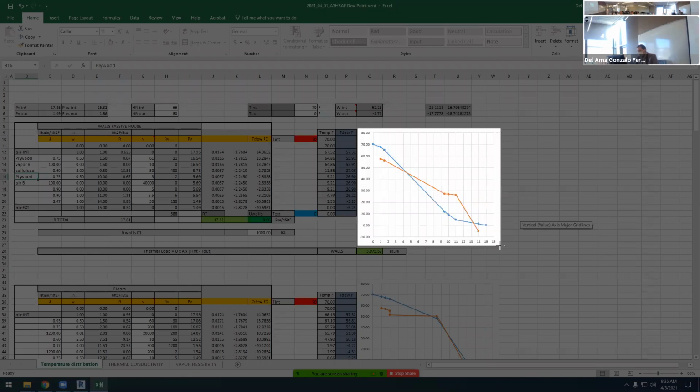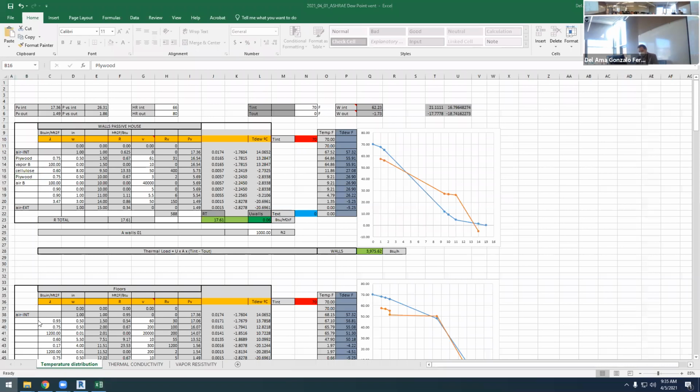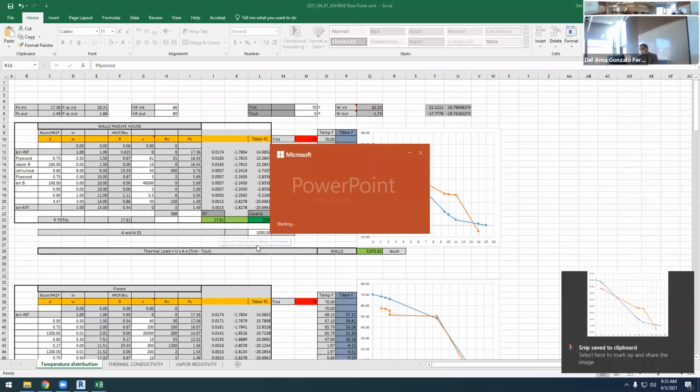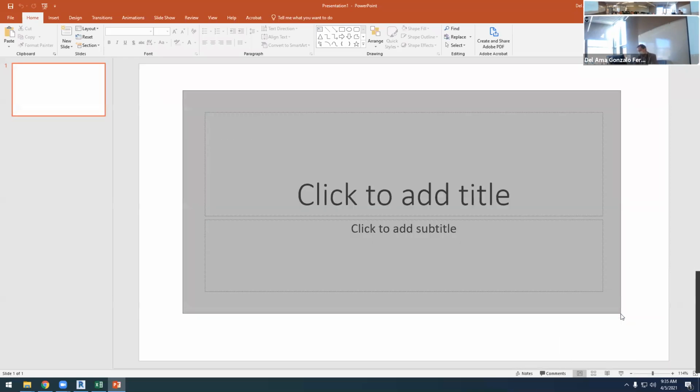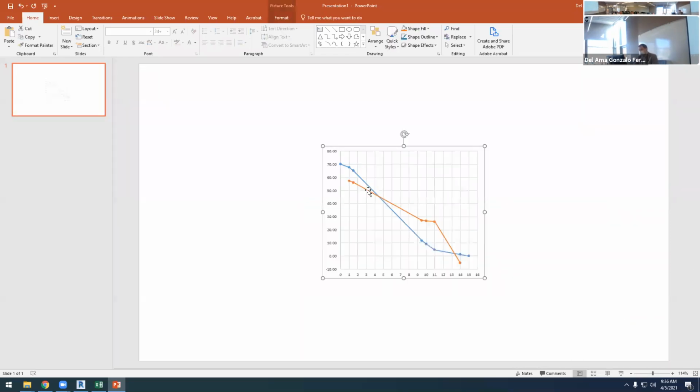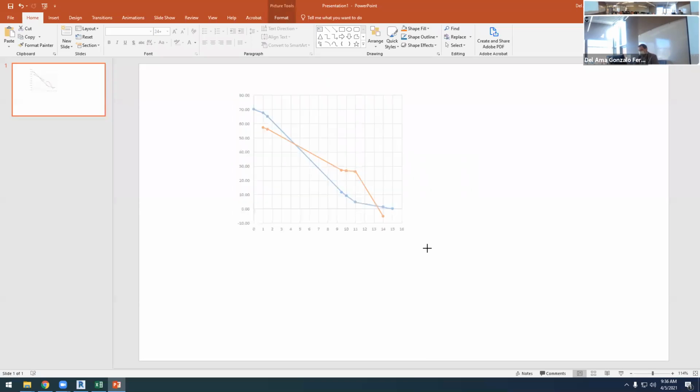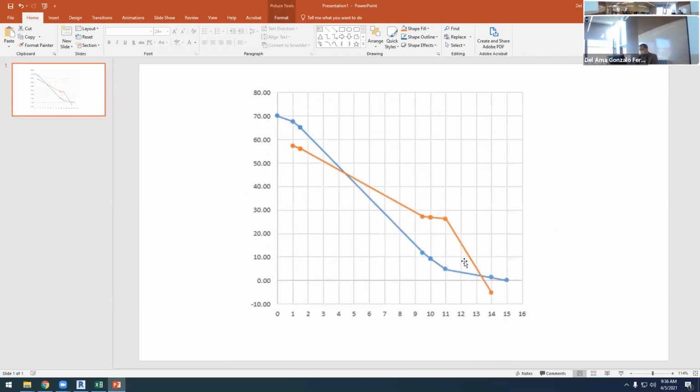If we take this screenshot and open a PowerPoint, this is the detail. There is a risk that condensation will happen here.